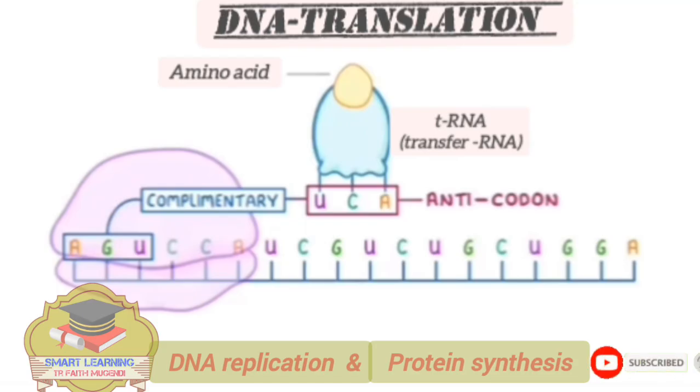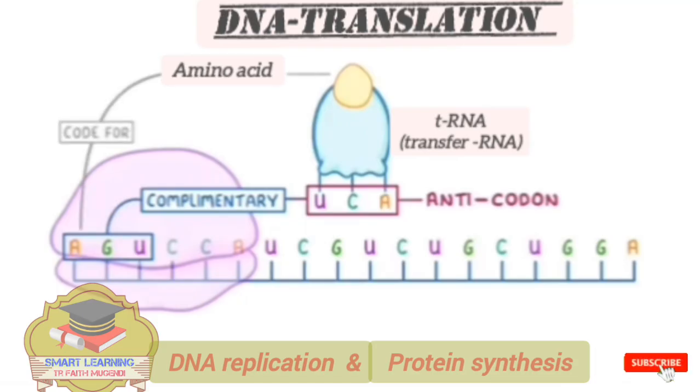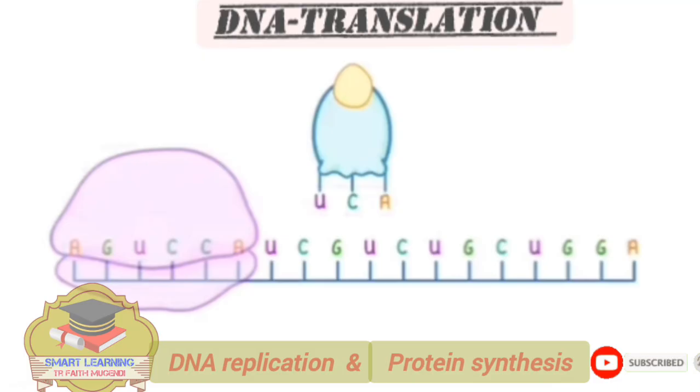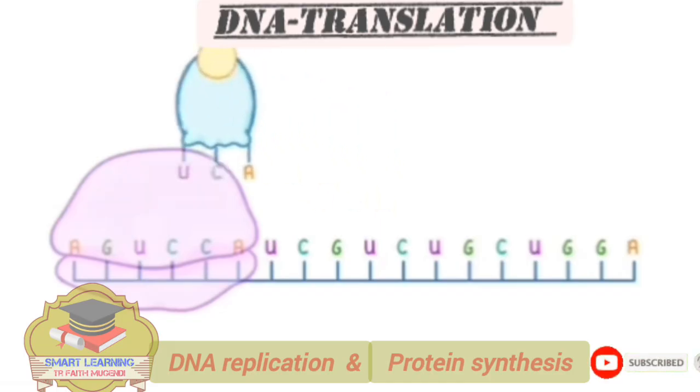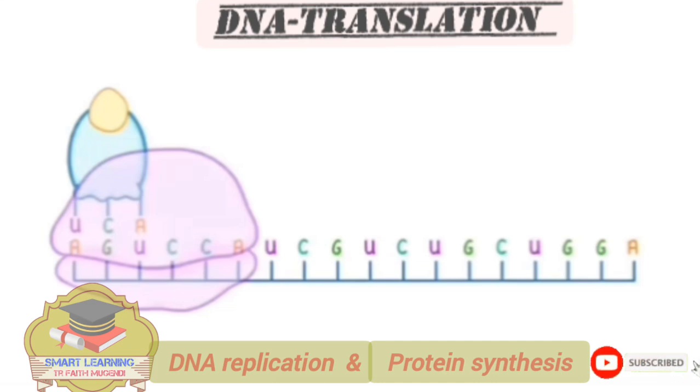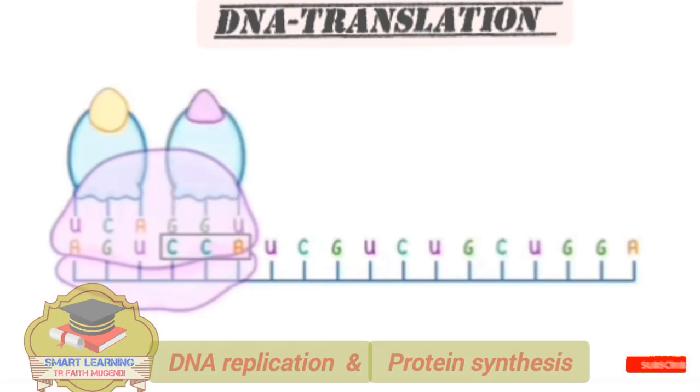Transfer RNA carries a specific amino acid with an anticodon molecule that must attach to a complementary code on the messenger RNA molecule. Because each transfer RNA molecule carries a specific amino acid, our UCA, for example, will be attracted to AGU on the messenger RNA molecule because they are complementary to each other.